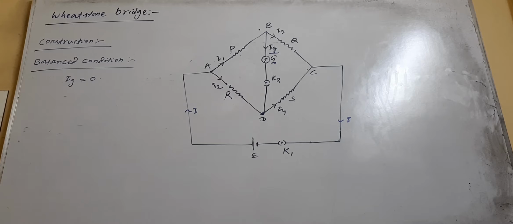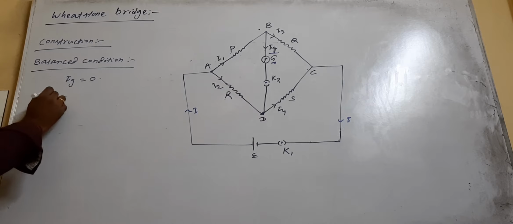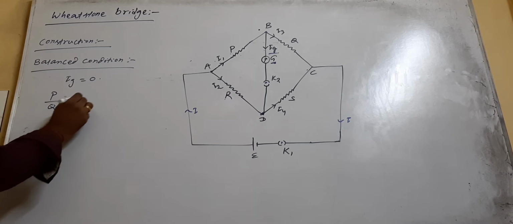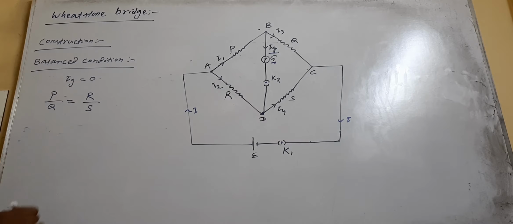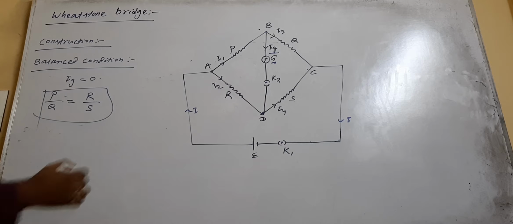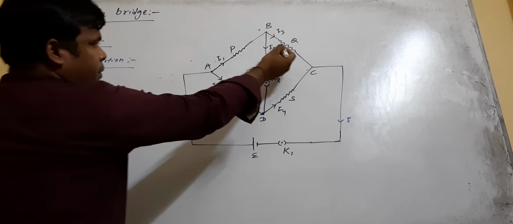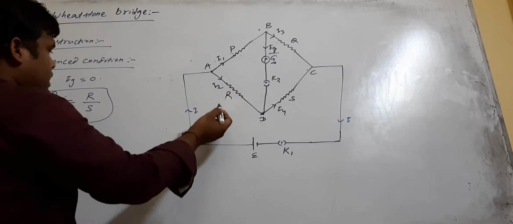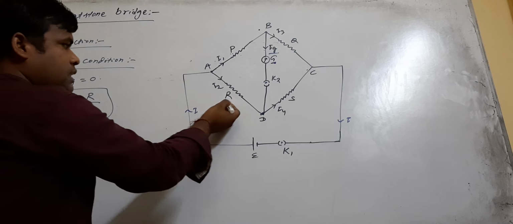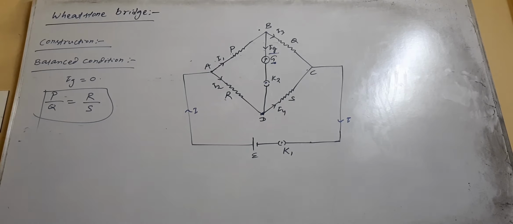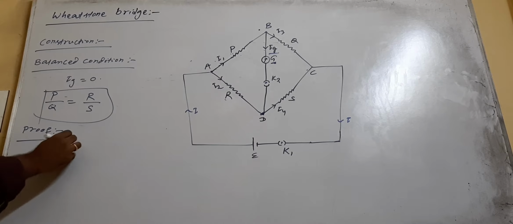When no current flows through the galvanometer, then you will get P by Q is equal to R by S, that is this resistance divided by this resistance is equal to this resistance divided by this resistance. So now we will prove this balanced condition.